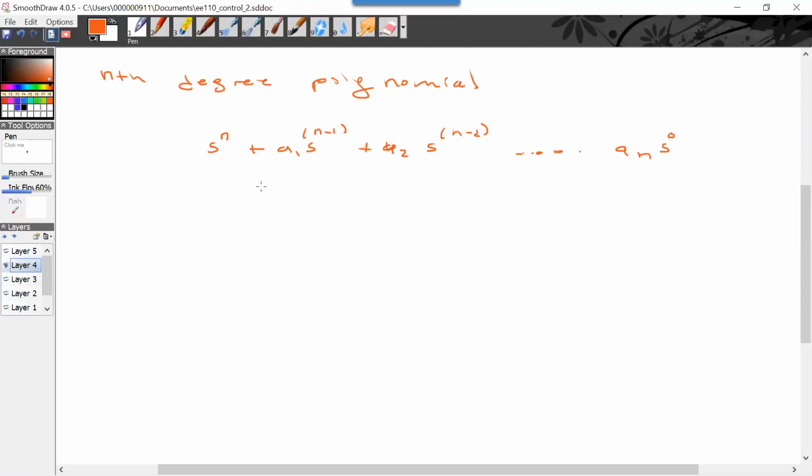There's something called Descartes' rule, which you can use to determine how many poles and zeros are on each side. However, we don't actually have to use the full rule, because if there's one pole on the right-hand side, it's out of control.